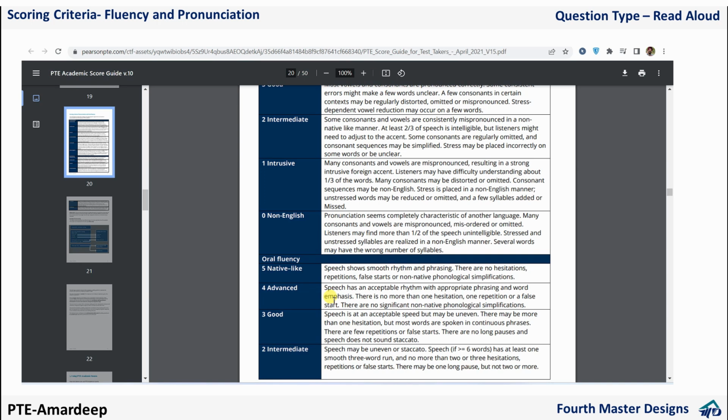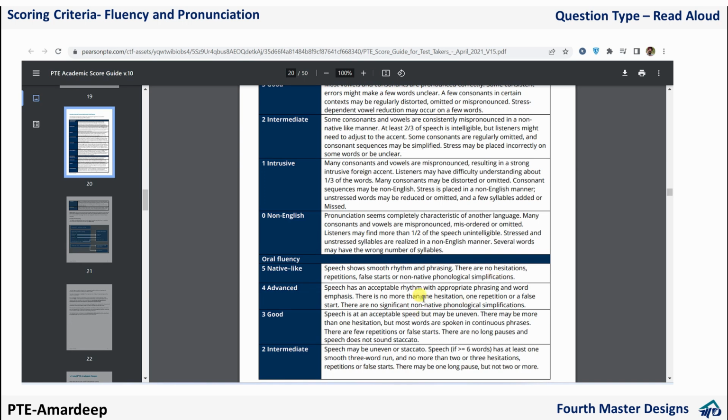It doesn't matter whether you are an Indian test taker or from Nepal, from Japan, from Korea, because PTE algorithms are designed and developed to pick up all the accents. It's not like you need to sound like native English speakers only to score 5. It will pick every accent, but it will check your fluency based on this criterion.